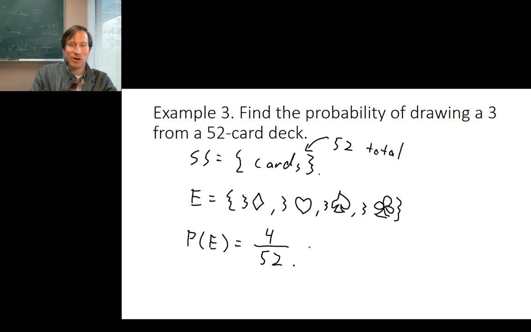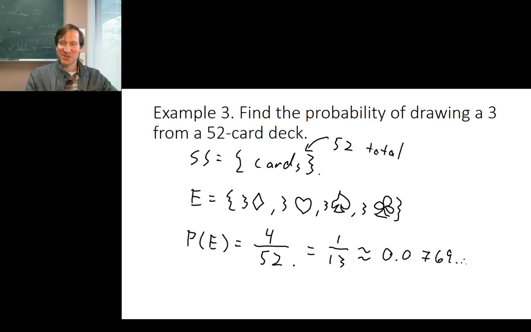All right, so 4 over 52, and I think that's 1 over 13, if we simplify that. And if you want a decimal, you can punch this into a calculator. If you find it informative, it's 0.0769 and a bit. There's a few more decimals there.